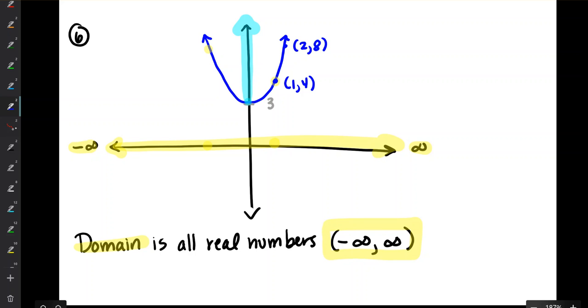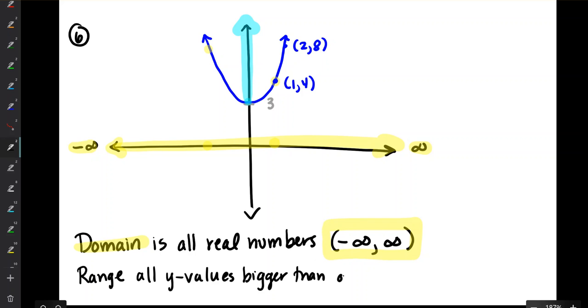We are getting all y values that are bigger than 3, or equal to, because we've got a 3 right there. We've got x is 0, y is 3.